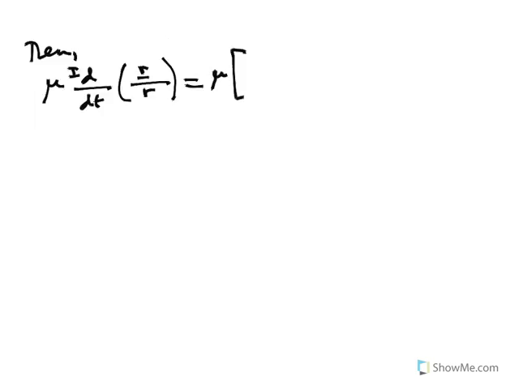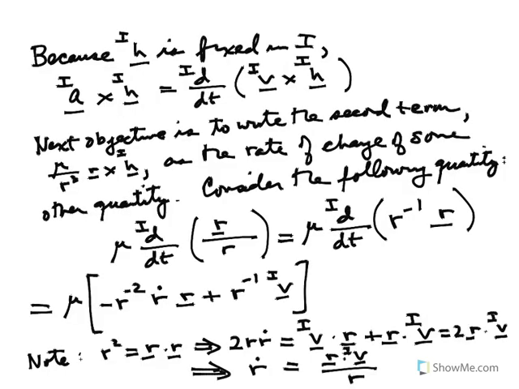Then we obtain that mu times the rate of change in I of the position divided by the radius is equal to mu times minus r to the minus 2 times r dot.